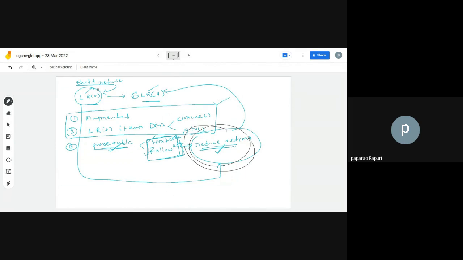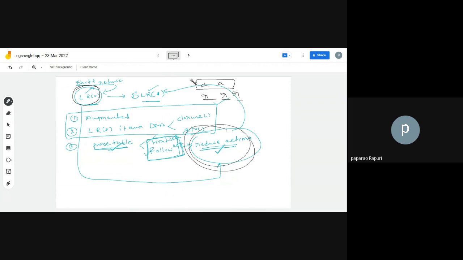LR0 table has one problem. The problem is that we are writing the reduce productions at every terminal. Follow we didn't consider there.